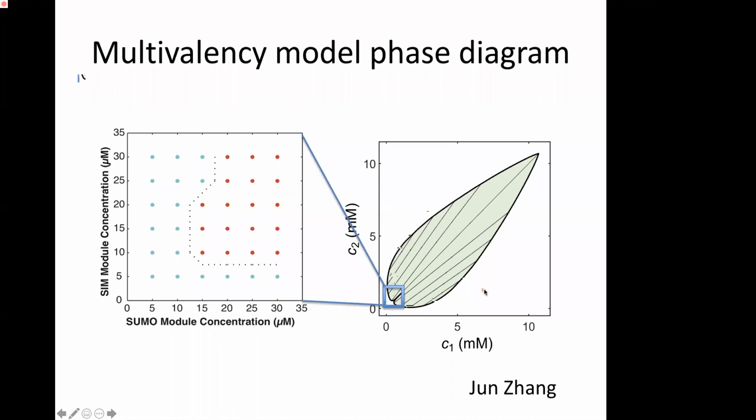And you can see that over here, if I have lots of SUMOs and no SIMs, the system doesn't phase separate, vice versa over here. But if I have an intermediate number of SIMs and SUMOs and enough of them, then the system will phase separate. And these are the tie lines. That is, if I give you a point on this line, what will happen is the system will break up into a dilute phase at this end of the line with a little bit of SIM and a little bit of SUMO.